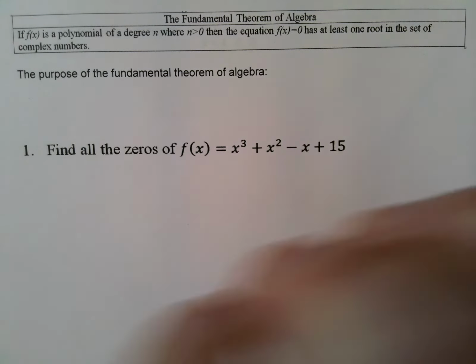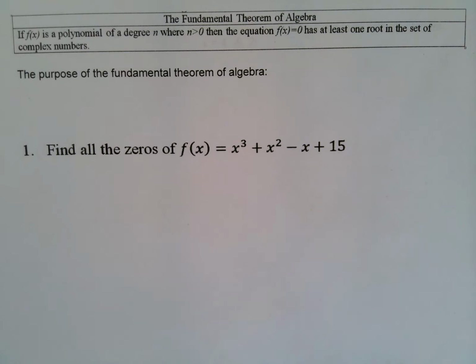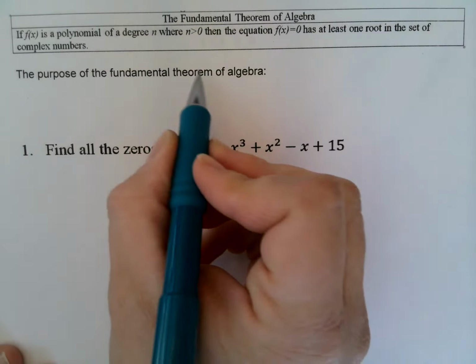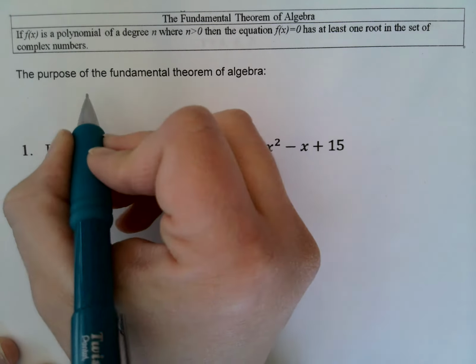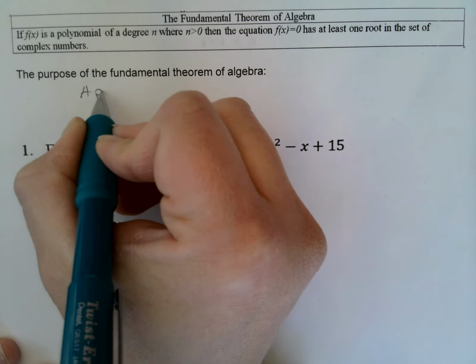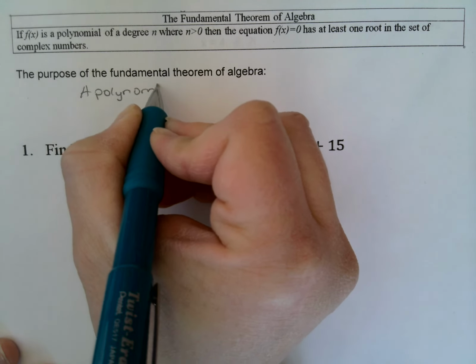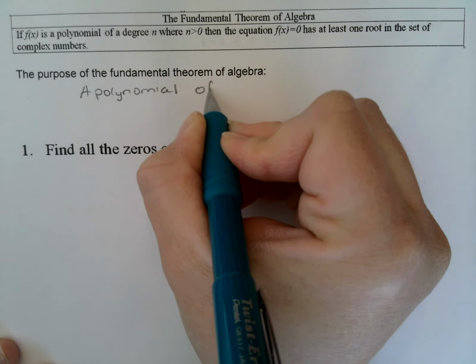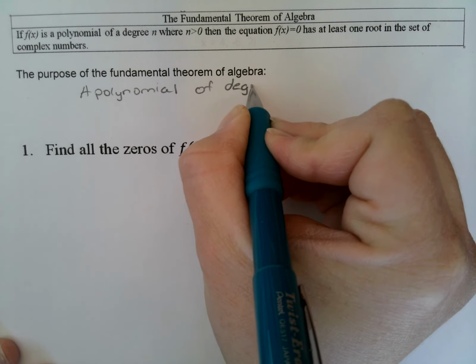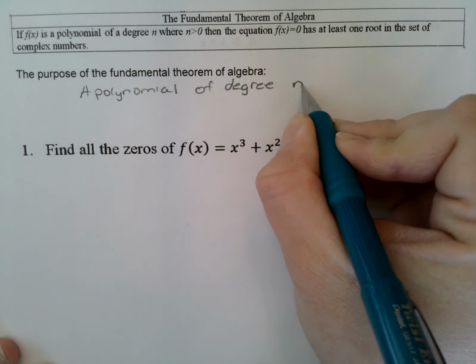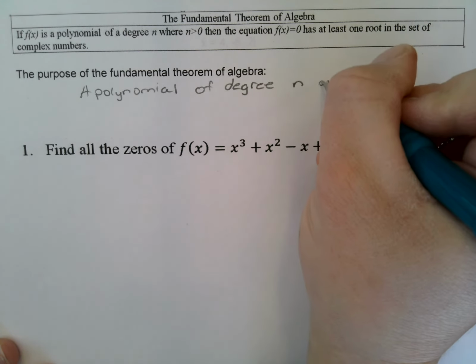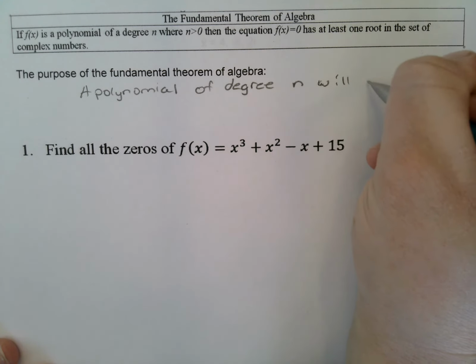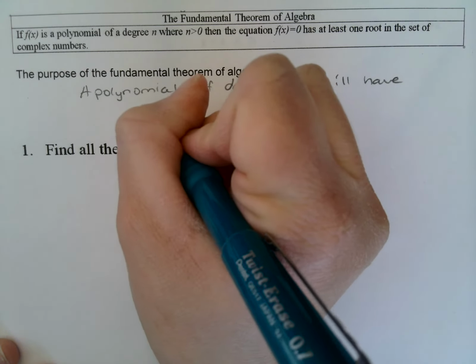So because this is algebra 2 advanced, the biggest thing about the fundamental theorem of algebra is that a polynomial of degree n will have n solutions.